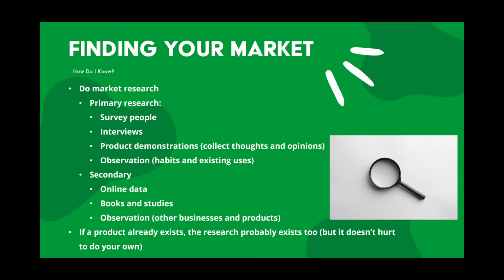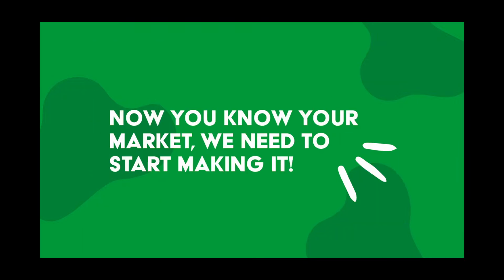So make sure to check other places before you do your own research. It'll save you a bit of time, maybe some money, but it's always good to do your own, just in case it's old research, the research maybe wasn't as good, maybe your product differs to them in a way that you didn't realize. It's always good to do your own research.